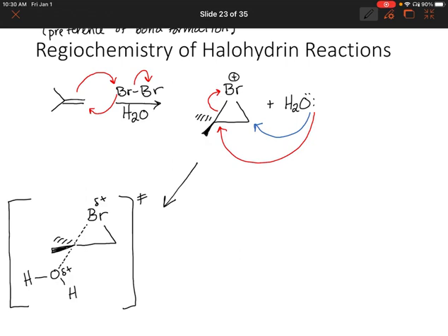All right, and then let's see what happens if water attacks the other carbon, the right-hand carbon. So again, we'll open up the ring. Okay, and let's draw the transition state.